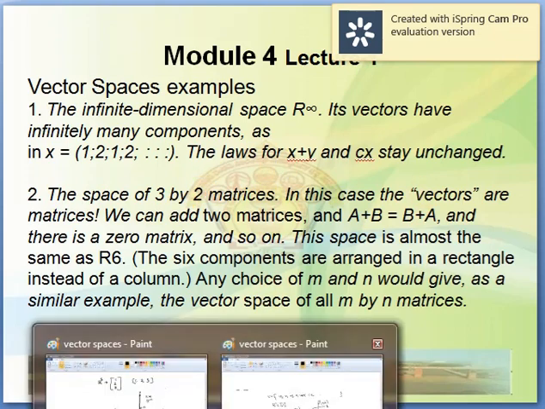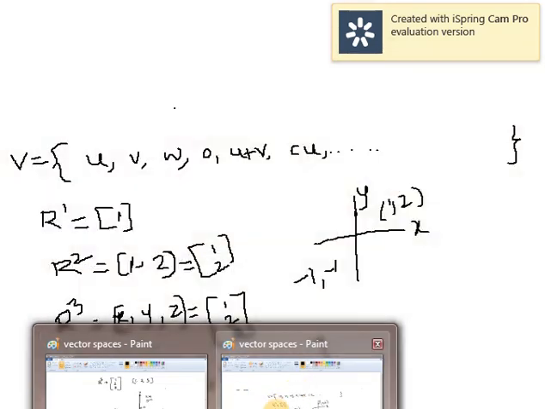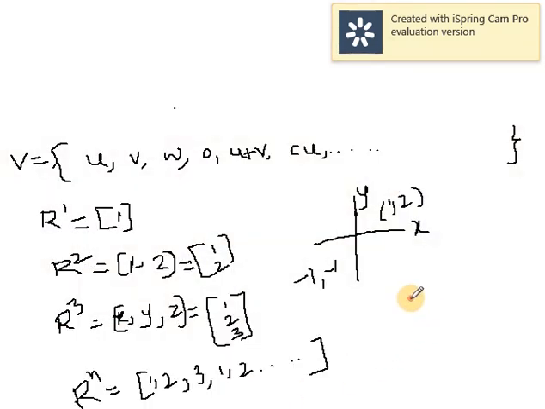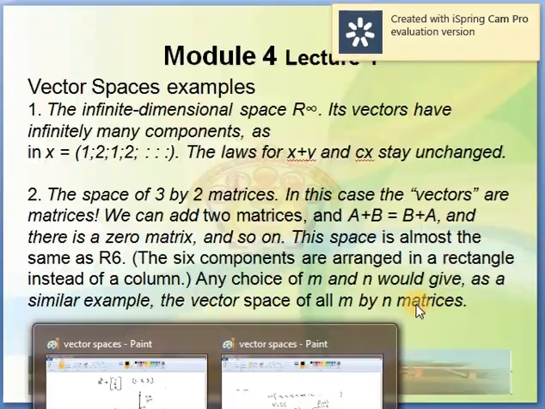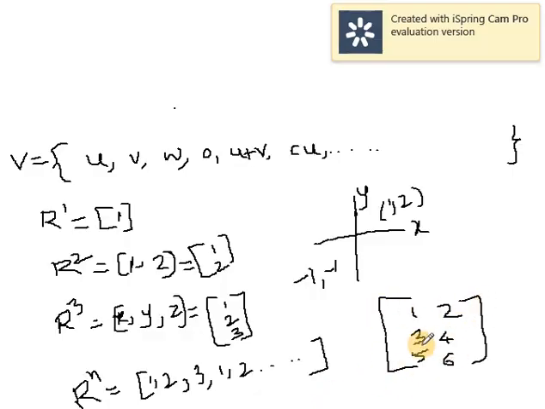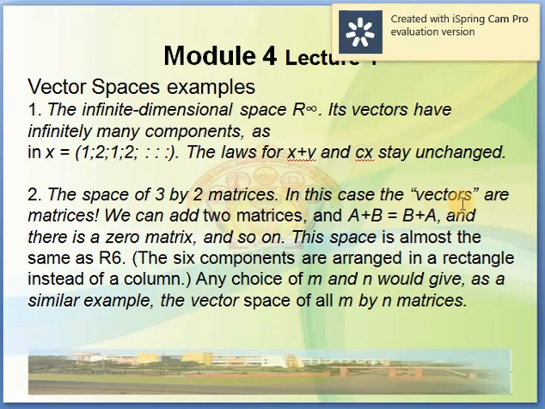As we know, a 3 by 2 matrix has some components, let's say 1, 2, 3, and so on. The 3 by 2 matrix has 6 components, so it has 6 elements.